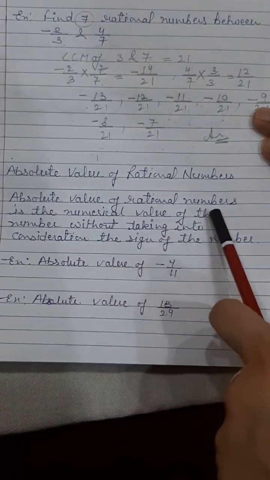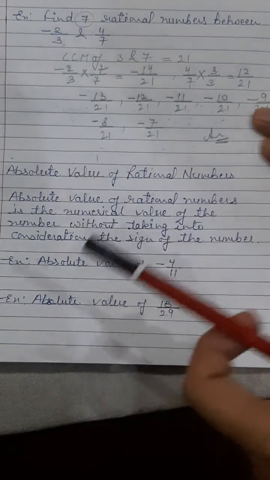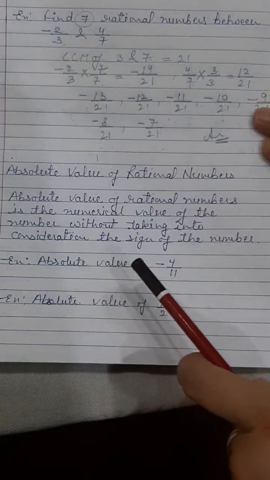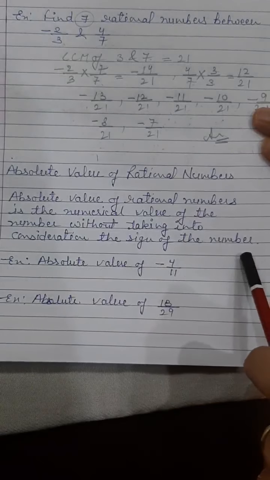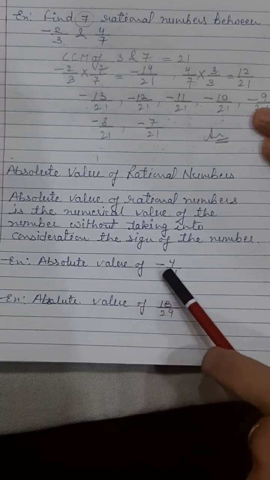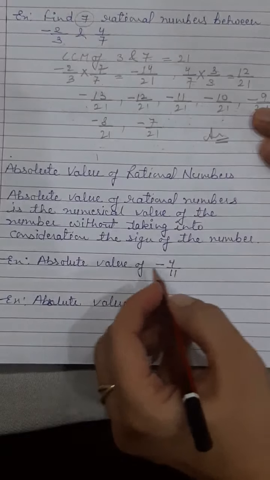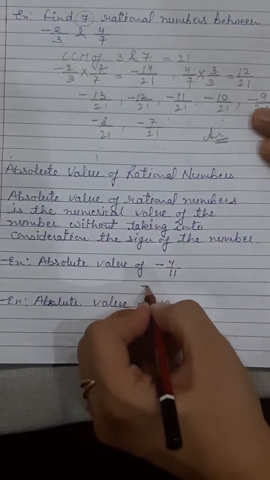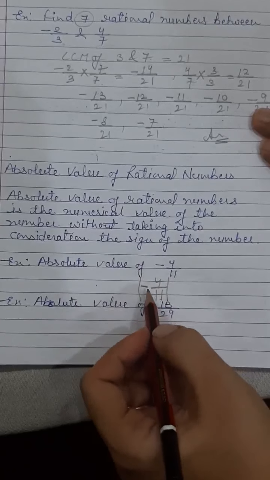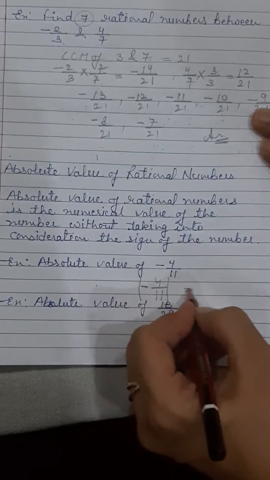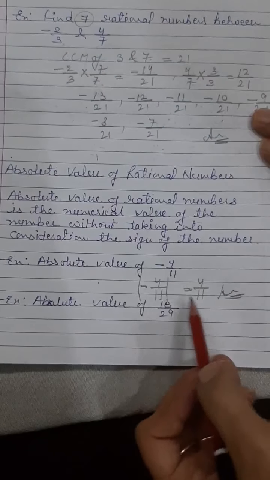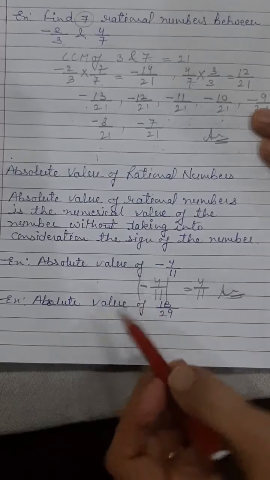Now next topic is the absolute value of rational numbers. The absolute value of a rational number is the numerical value of the number without taking into consideration the sign of the number. For example, the absolute value of minus 4 by 11 is 4 by 11 only. You only have to write the numerical value without consideration of the sign.